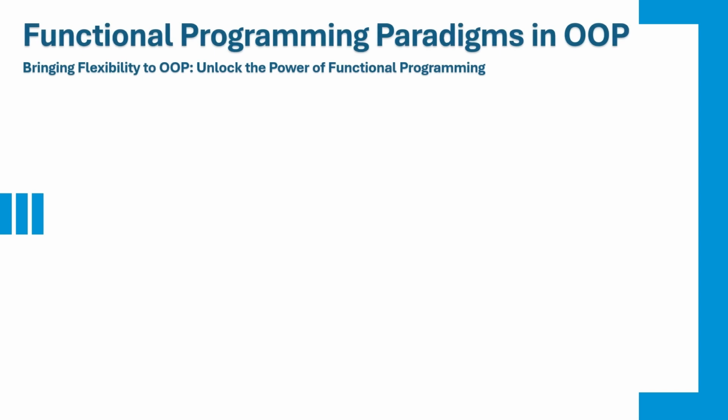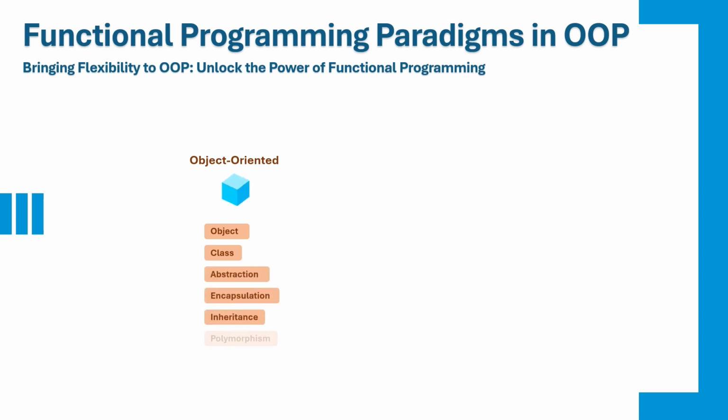We've now explored the core principles of object-oriented programming: abstraction, encapsulation, inheritance, and polymorphism, which have helped us build flexible, modular, and maintainable systems. But modern programming isn't just about one paradigm. Over time, many object-oriented languages, like C#, Java, and Python, have begun to embrace another powerful paradigm: functional programming.